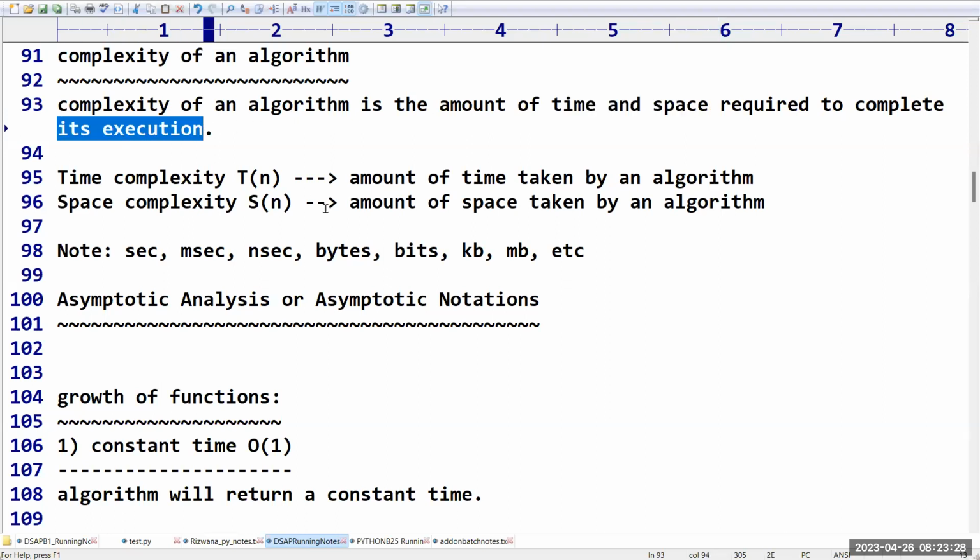If you take any algorithm, how much time it takes to execute, or how much space it requires to execute, will be measured with the help of complexity.